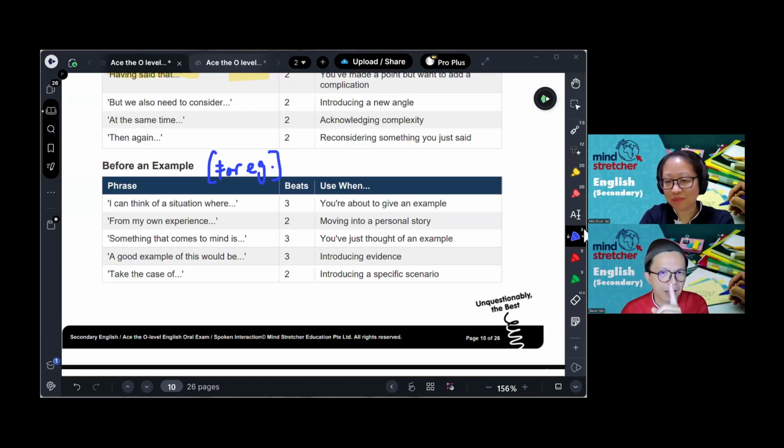So these are the things which you need to memorize and learn, because this is how people speak in real life. In real life, nobody comes up with the answer x equals 42 like that on the spot. We actually need time to think. Do you understand?